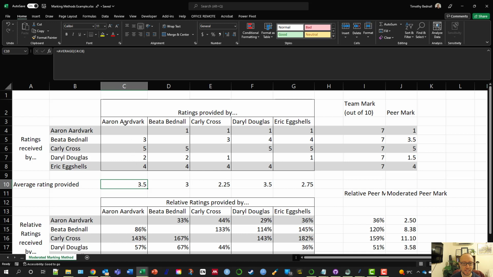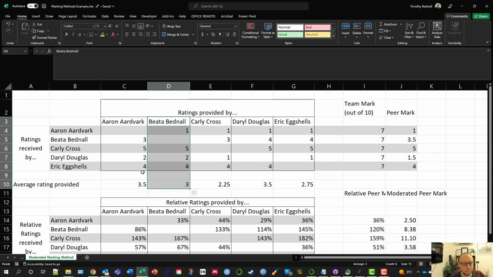As we can see here, Aaron and Daryl were both relatively generous markers, because they gave their teammates an average of 3.5. Carly, on the other hand, was a much more stringent rater, because she only gave peers an average of 2.25. So she was a very strict marker, and Beata was probably somewhere in the middle, as was Eric.